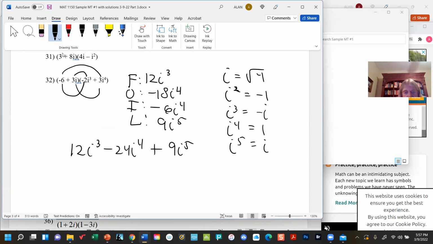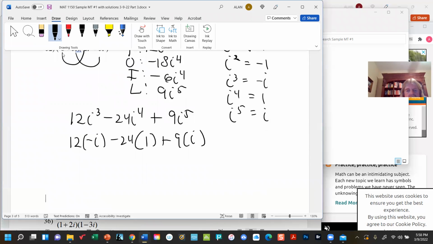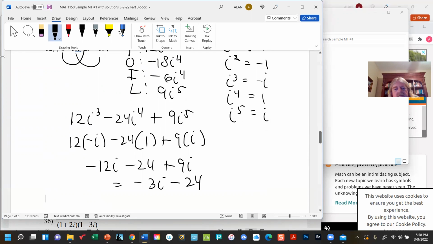So we're going to have 12 times negative i minus 24 times 1 plus 9i. So we'll have minus 12i minus 24 plus 9i. Finally, when we're done, minus 3i minus 24. All right.